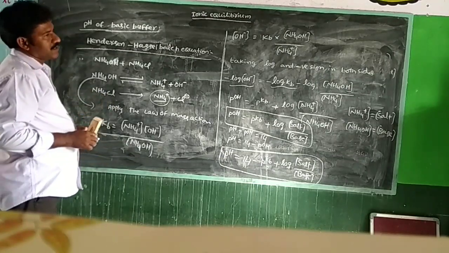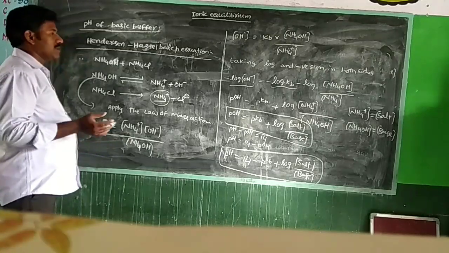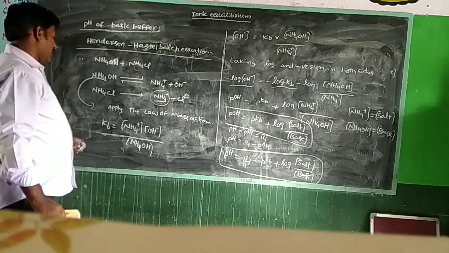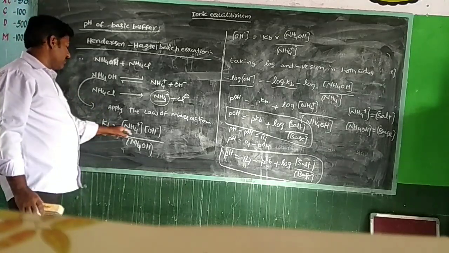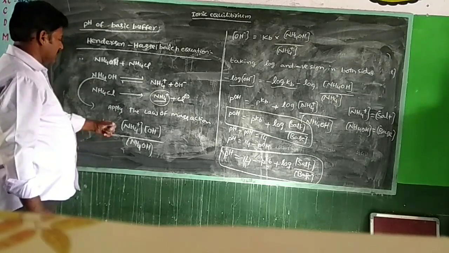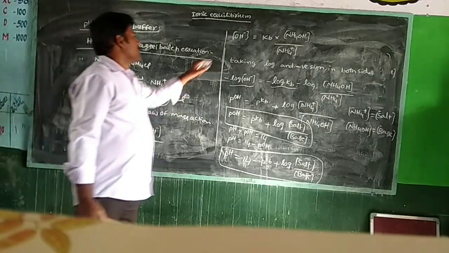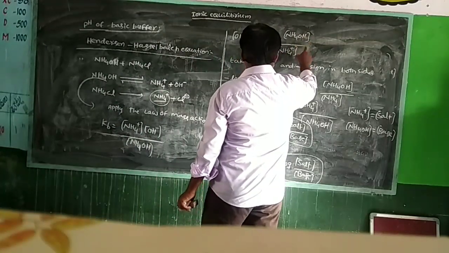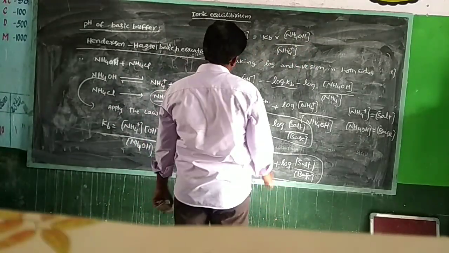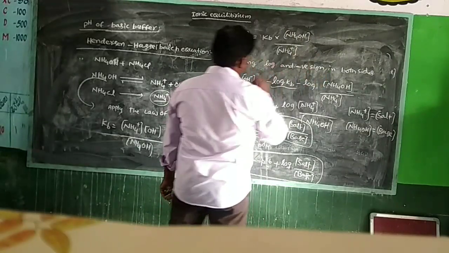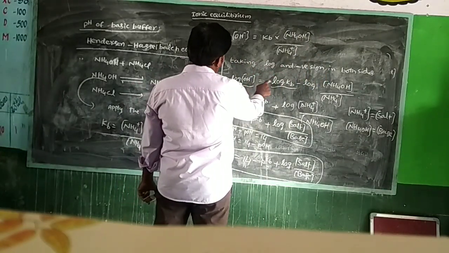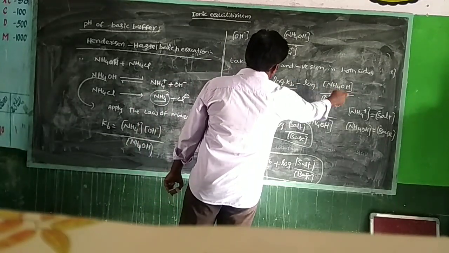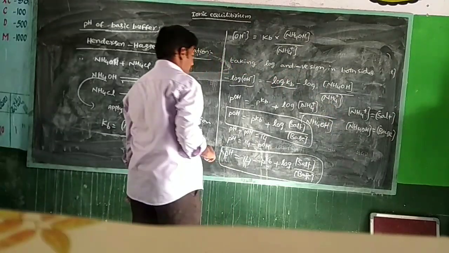Kb means the equilibrium constant of the base, the ratio of the concentration of products to reactants. Kb is equal to NH4 plus OH minus concentration upon NH4OH. Writing OH minus, Kb into NH4OH by NH4 plus, taking logarithm and negative sign on both sides, minus log OH minus is equal to minus log Kb minus log NH4OH by NH4 plus concentration.